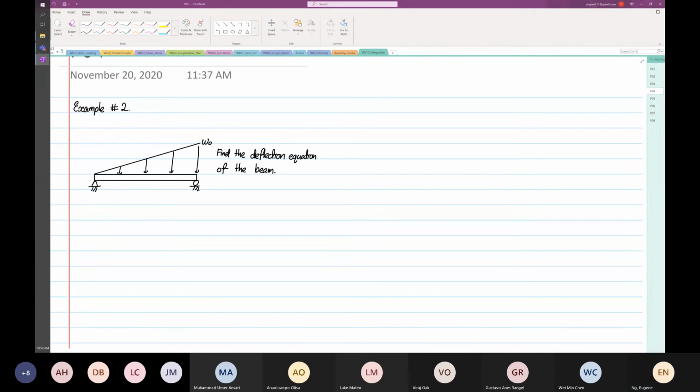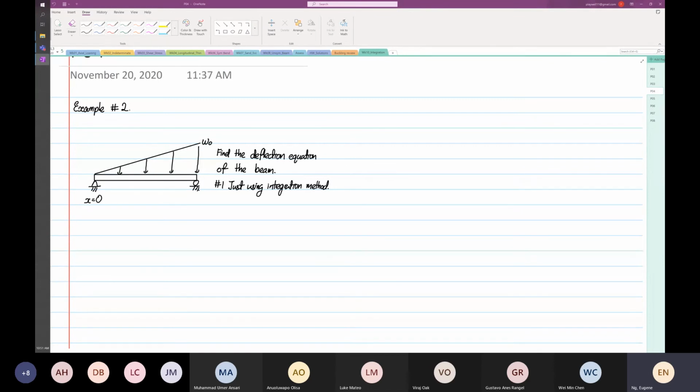Just using the integration method. I'm not going to do left to right, just purely going to use the integration method. First, we have to know our boundary conditions.